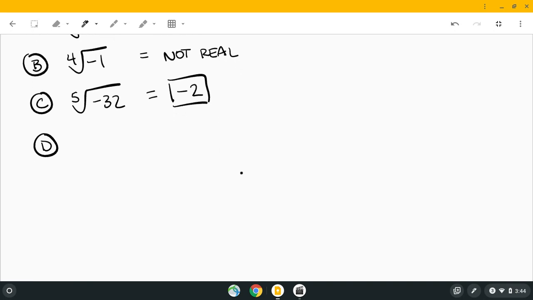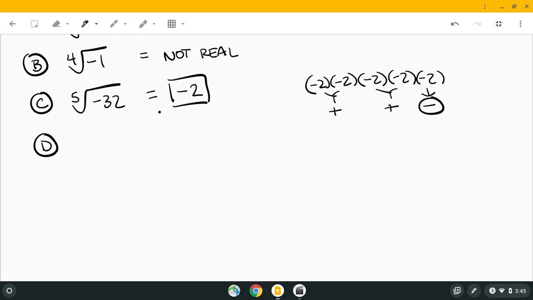Because you'll see, if you do negative 2 to the fifth power, this will give us a positive result, this will give us a positive result, but then we still have this negative. So that at the very end, you'll end up with a negative. And that's what we want. Negative 2 to the fifth power is negative 32.